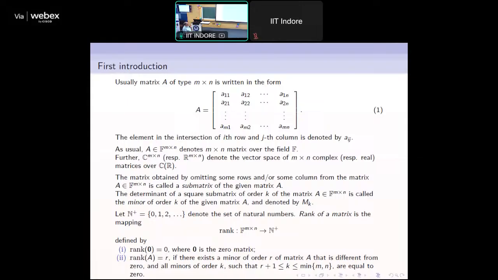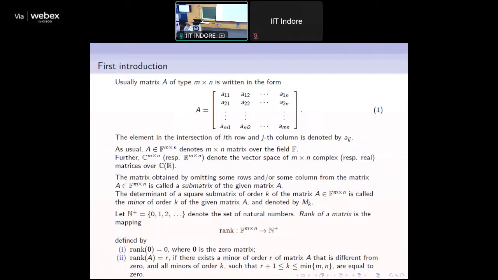Complex numbers will be denoted by the usual notation C, real by the usual notation R. A matrix obtained by omitting some rows and columns from the initial matrix A is called a submatrix of the given matrix A. If we take the determinant of a square submatrix of order k, we will obtain a minor of this matrix. A minor of order k is denoted typically as M_k.